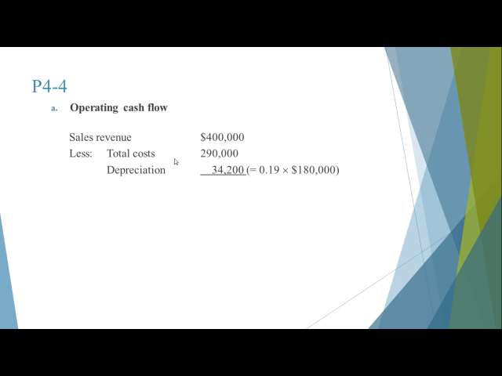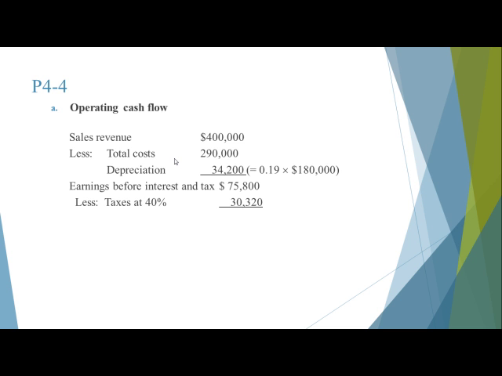So the annual depreciation for this asset is 34,200. Once we subtract depreciation and the costs from sales, we will get the earnings before interest and tax. That number is 75,800.